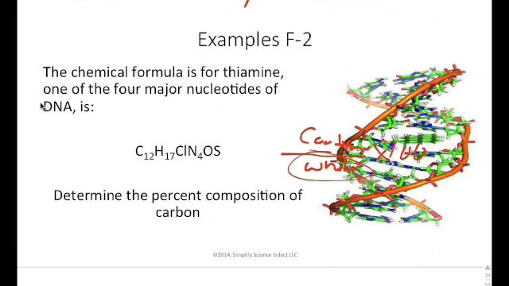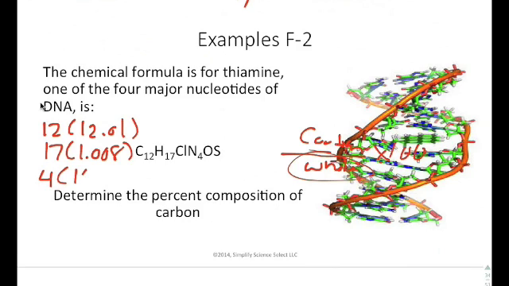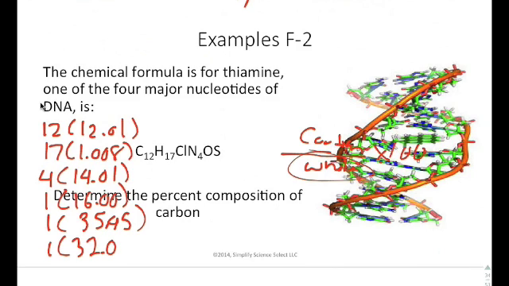So you do the same thing that you did in the previous example. You have 12 carbons at 12.01, you have 17 hydrogens at 1.008, you have 4 nitrogens at 14.01, you have 1 oxygen at 16.00, you have 1 chlorine at 35.45, and then you have 1 sulfur at 32.06.